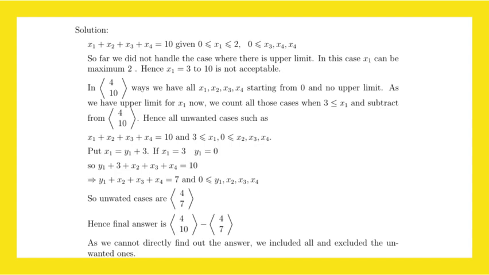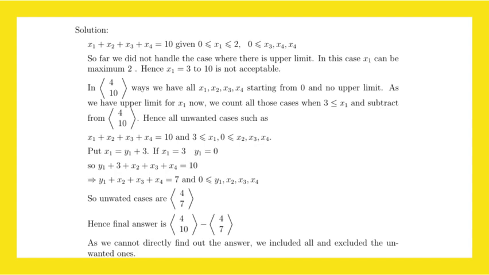But now because x1 is greater than 2, that counting should not be considered in this particular problem. So it is to handle the upper limit. How do we handle the upper limit? In this case, x1 can be maximum 2. Hence, x1 between 3 to 10 is not acceptable.